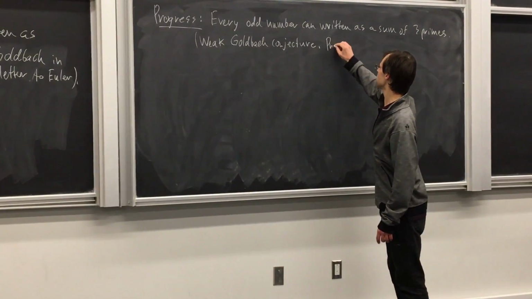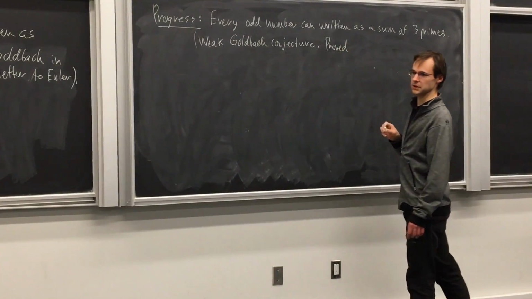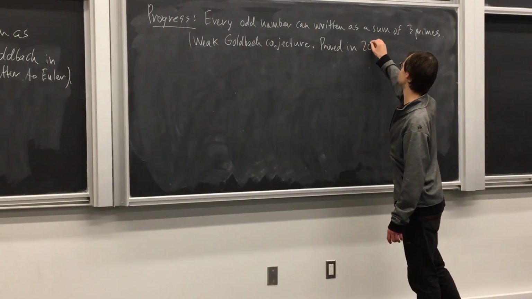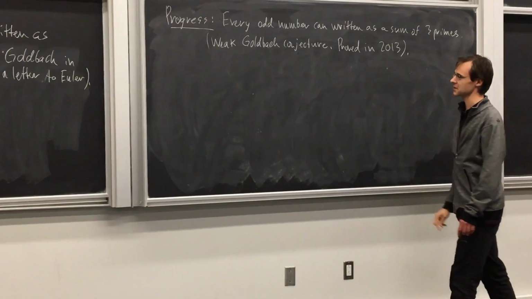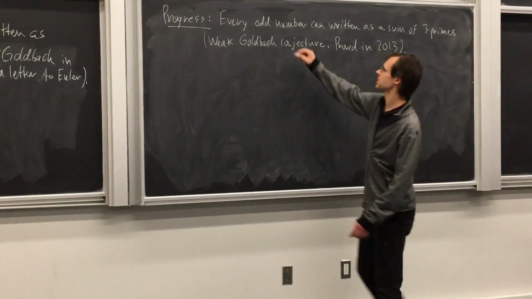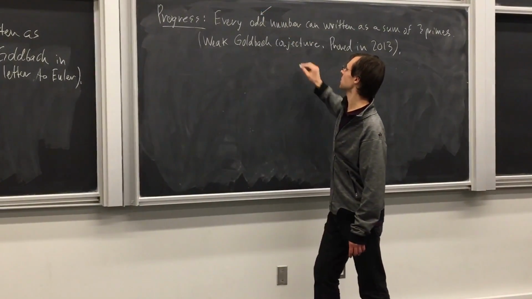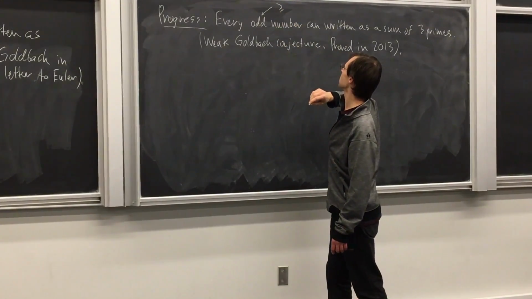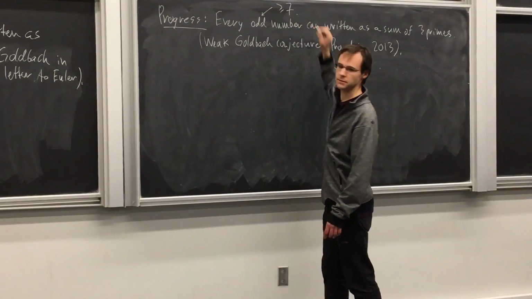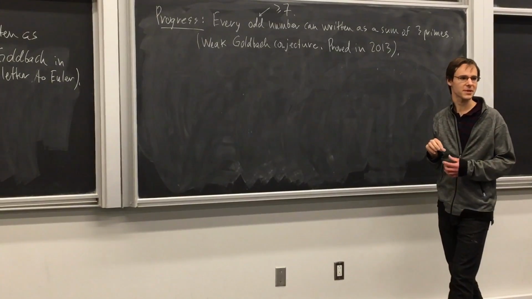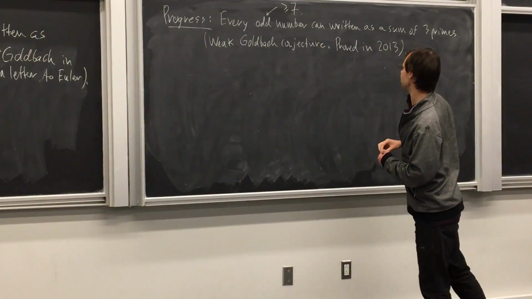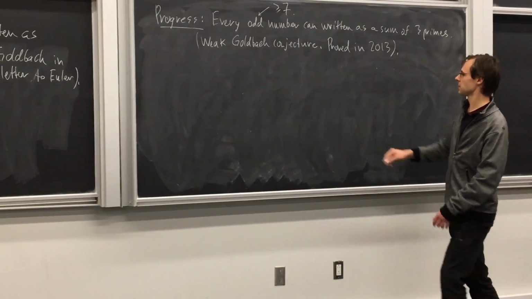And it was proved only a few years ago, in 2013. Okay, using some sophisticated techniques. I better specify what kind of odd numbers we're talking about. Greater than or equal to 7? Yeah, I think it's 7. There we go. 5 can't be done.